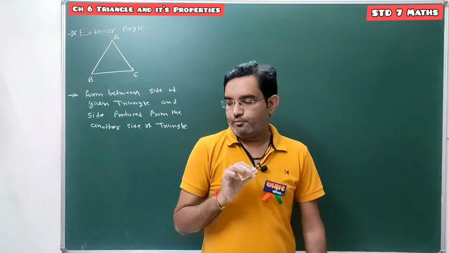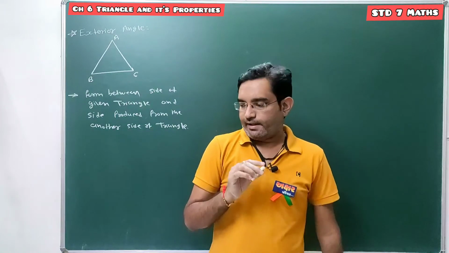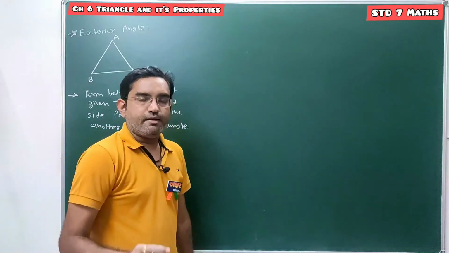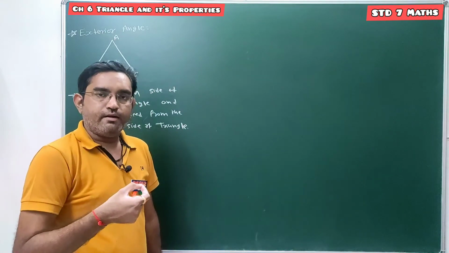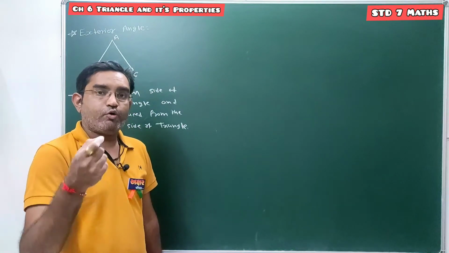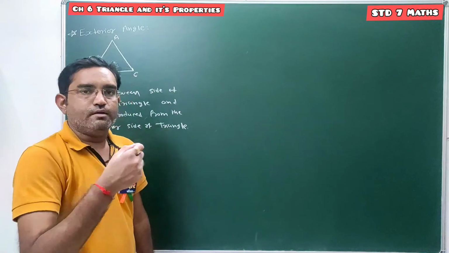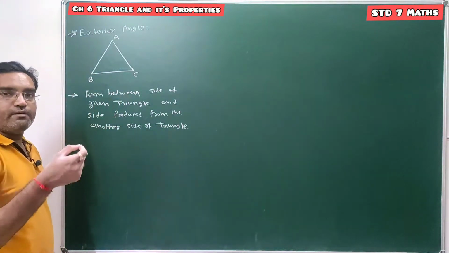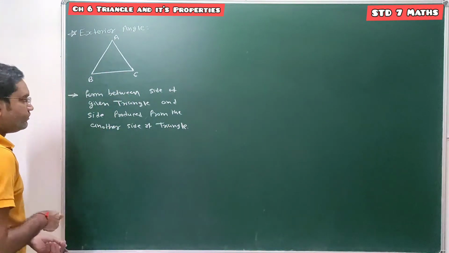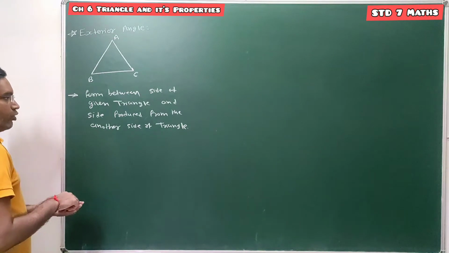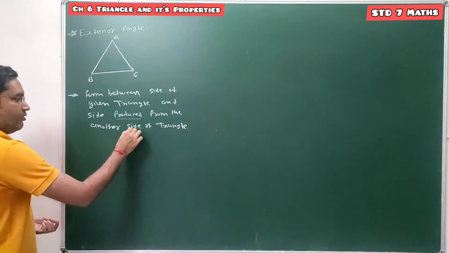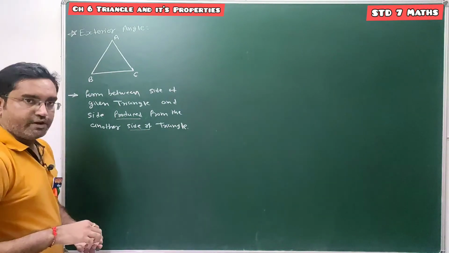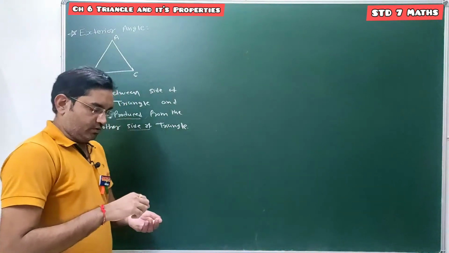What is an exterior angle? The exterior angle is the angle which is formed between one side of the triangle and another side which is produced from a side of the given triangle. How? Here we have to produce a side from a side of the given triangle. What is the meaning of produce?